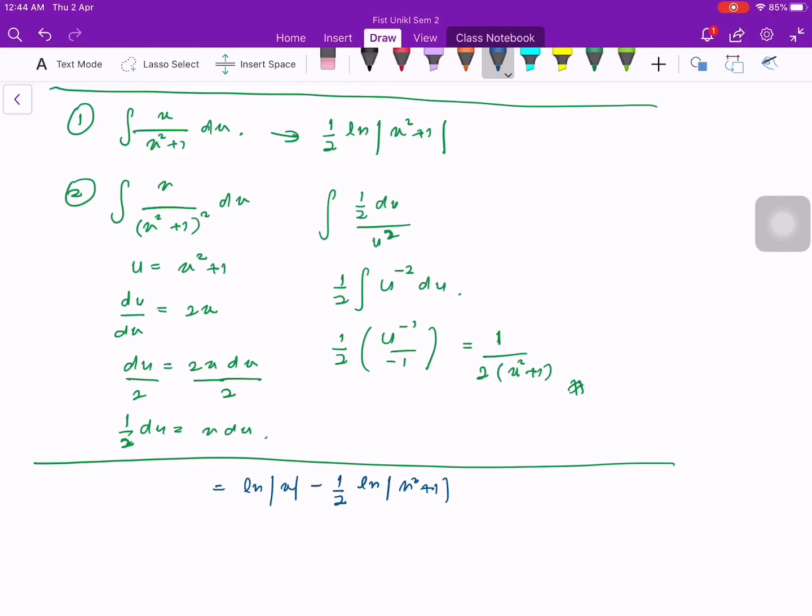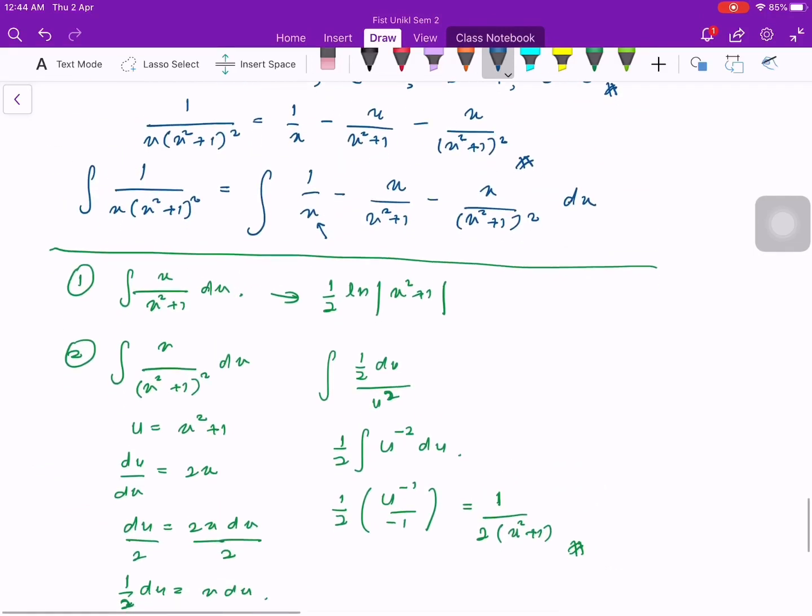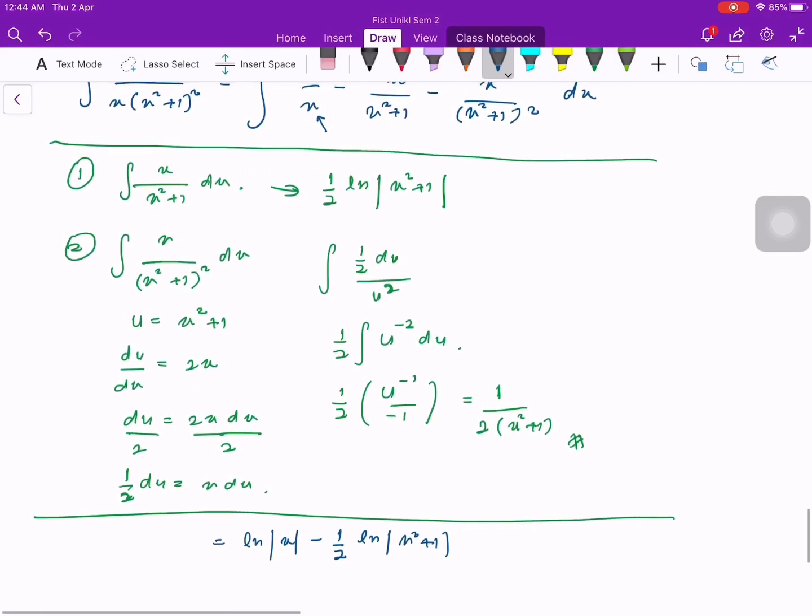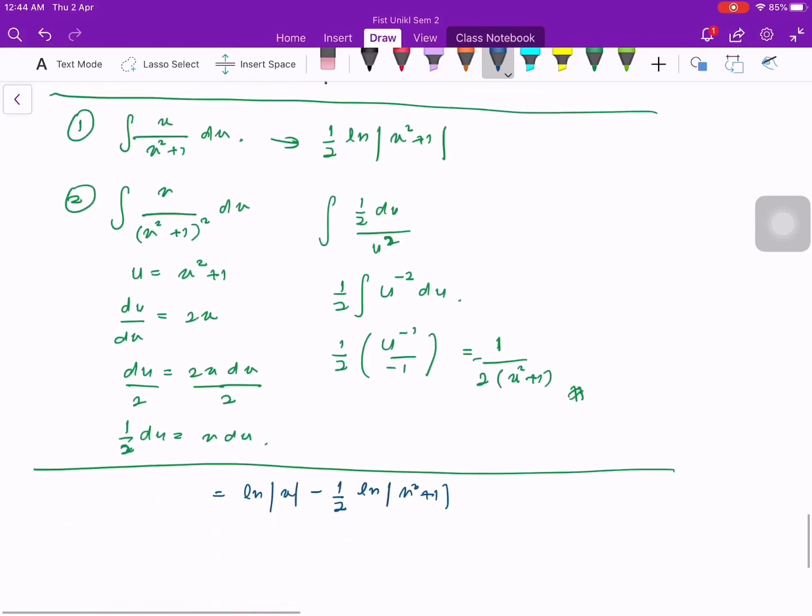And then lastly, this is negative, so negative half then is become plus 1 over 2 times with x squared plus 1, plus with arbitrary constant c.